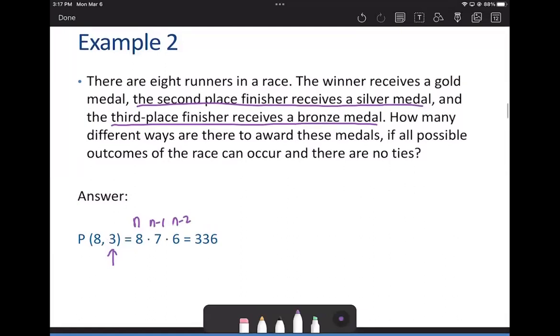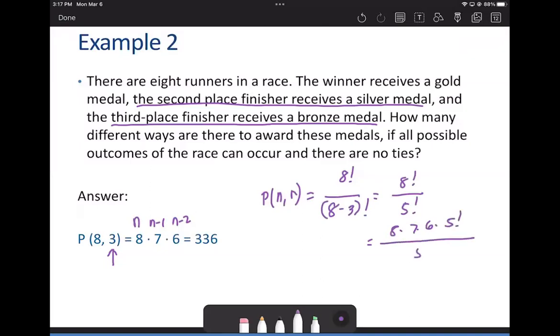And again, when we compute it using the P, N taken R, so that will be 8 factorial divided by 8 minus 3 factorial, which is equivalent to 8 factorial divided by 5 factorial. So 8 times 7 times 6 times 5 factorial divided by 5 factorial. And this is cancelled out. And we are left with 8 times 7 times 6.